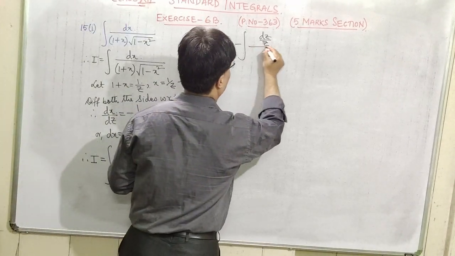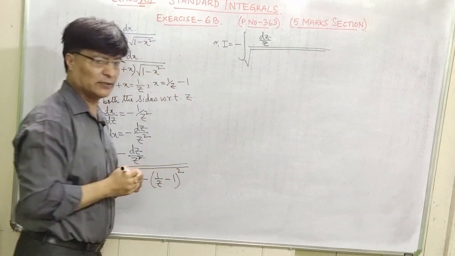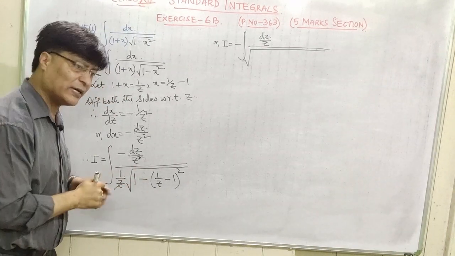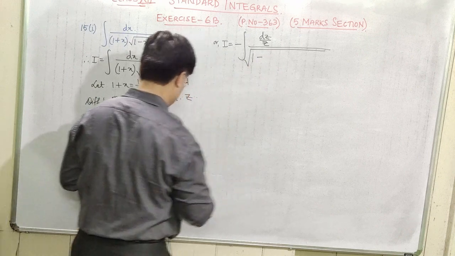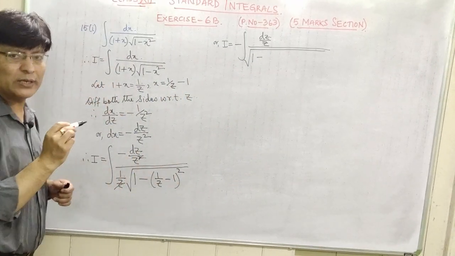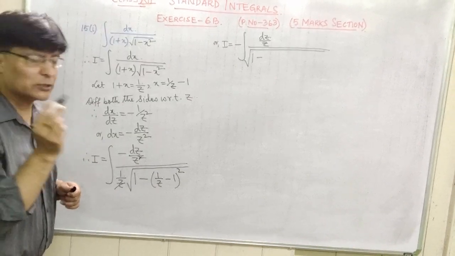Now within the square root in the denominator, you have to simplify it. So let us simplify it. You have to write 1 minus, now since this is a minus b whole square, what is a minus b whole square? a square minus twice ab plus b whole square.